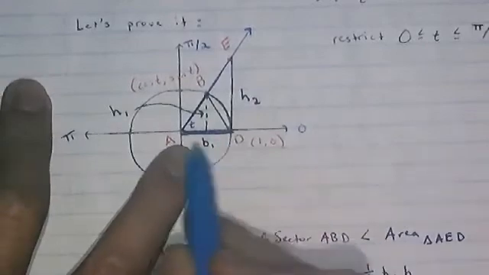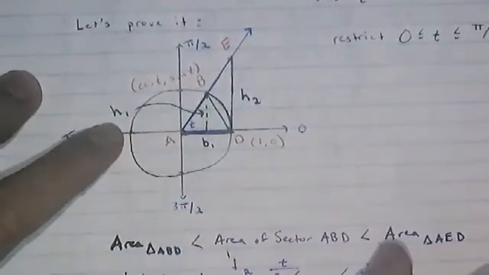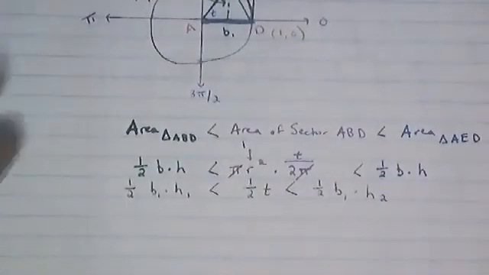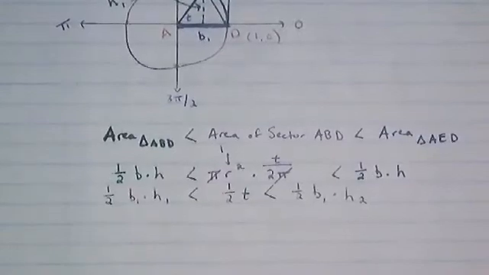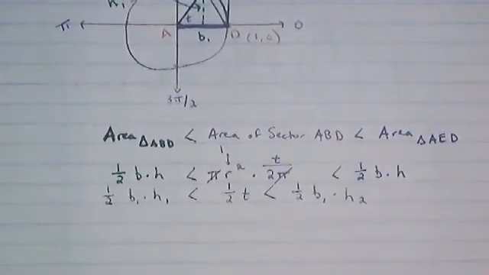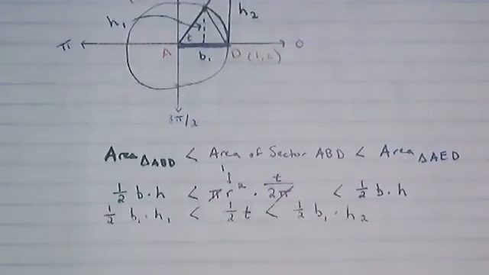These two triangles share a base, but now the height is height sub 2. What is the length of the base here? 1, both times. Unit circle comes to the rescue again.